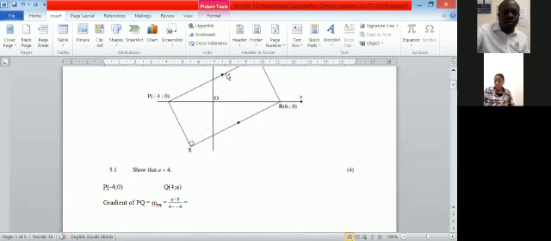And we said the gradient of PQ is A over 8. And we said A is 4. And then 4 over 8 is equal to half. So the gradient of PQ is equal to the gradient of SR. So M is equal to half.